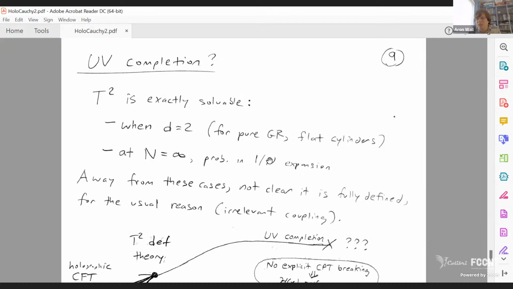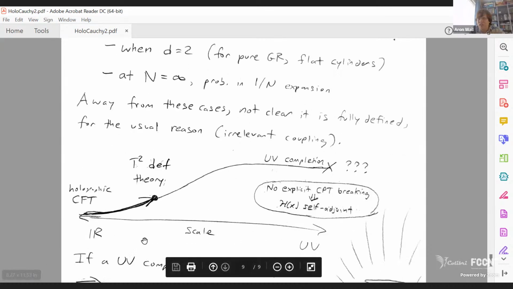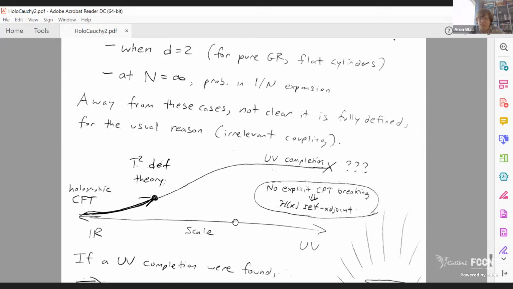So what we'd really want to do, from an RG flow perspective, is find some UV completion of this theory. So suppose we found that. It's like the difference between a bottom-up approach and a top-down approach. This theory has a non-trivial RG flow.